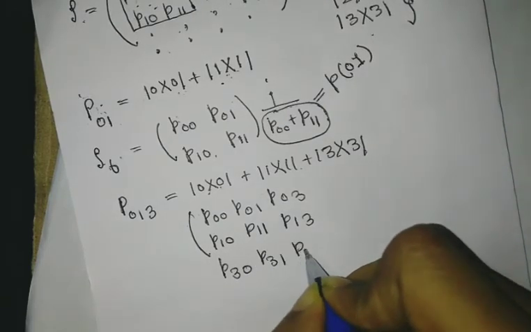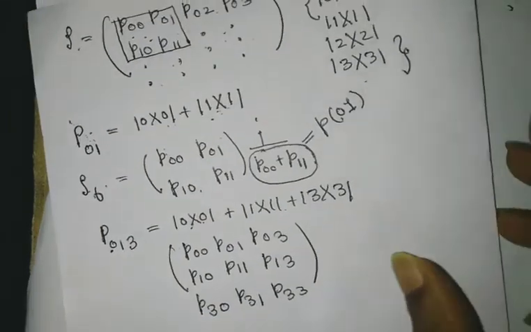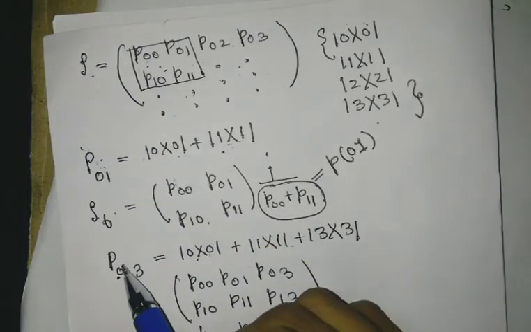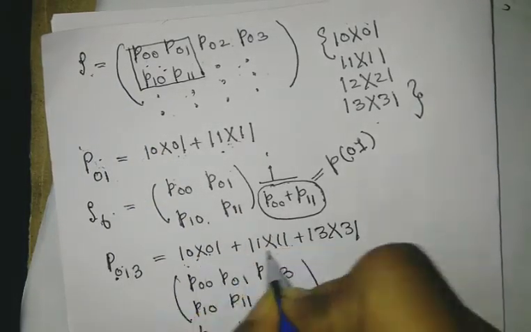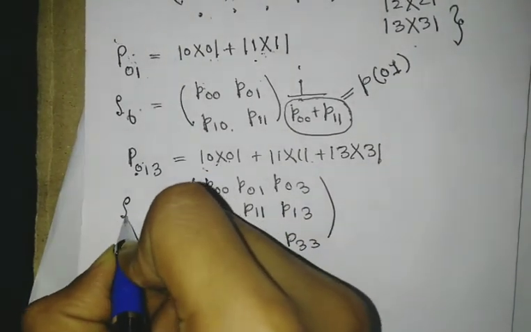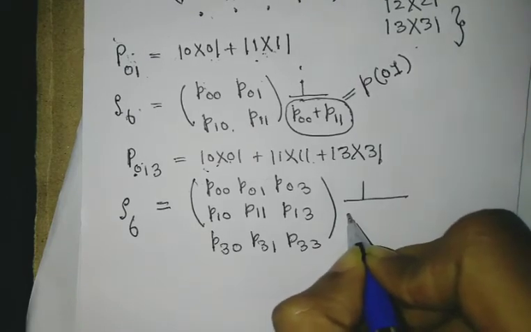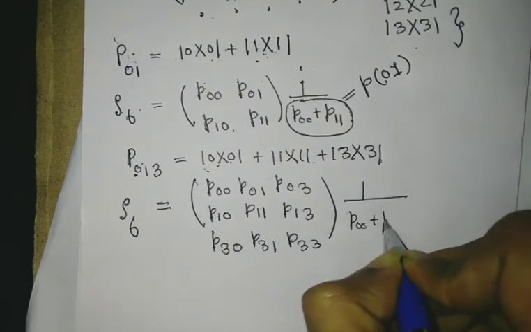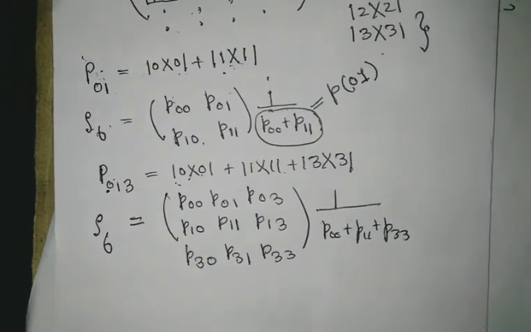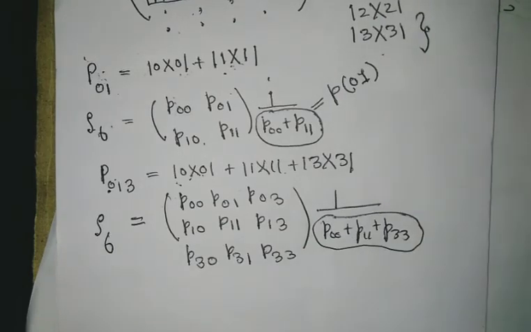When you measure rho using this projector, the final rho is just this, and this is the probability of getting this rho.